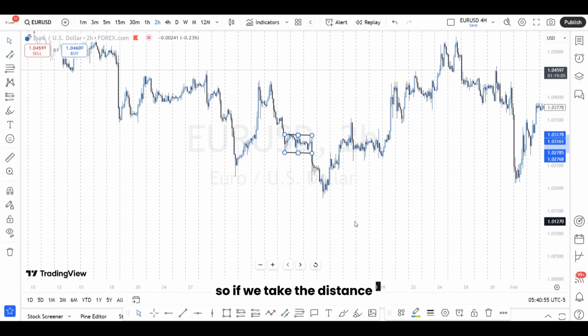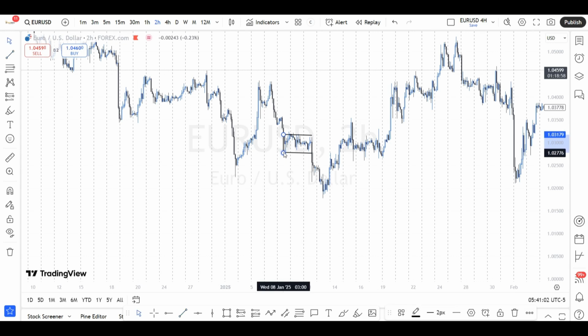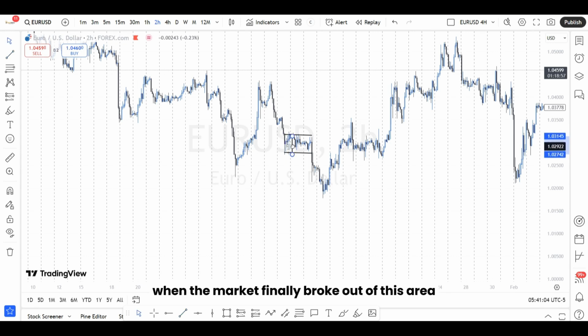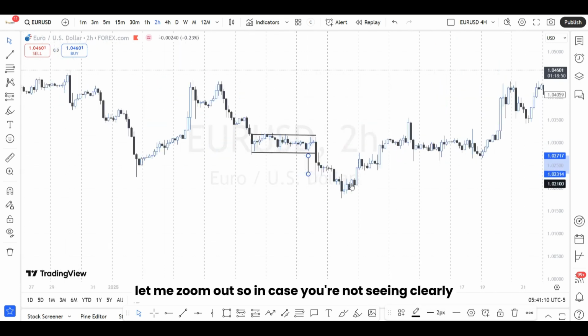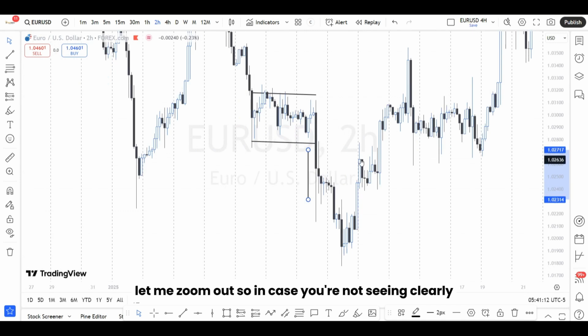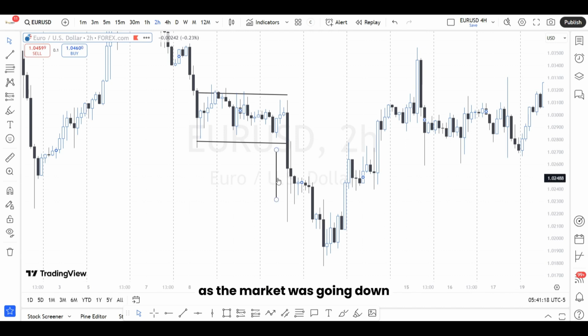So if we take the distance of the market from here to here, we can see that when the market finally broke out of this area, the market was able to cover that distance. Let me zoom out so in case you're not seeing it clearly, you can see that the market was able to cover that area as the market was going down.